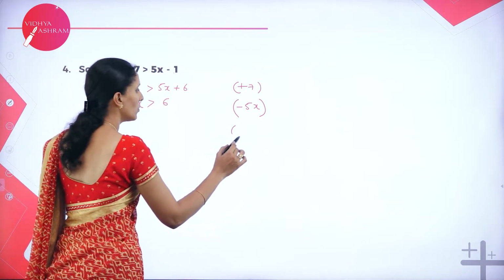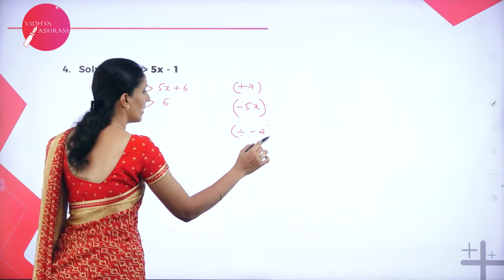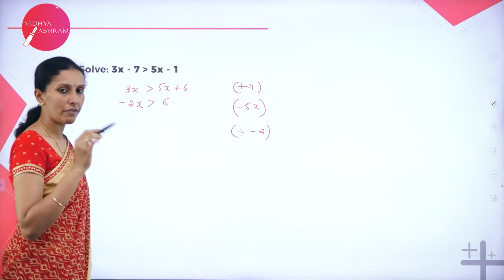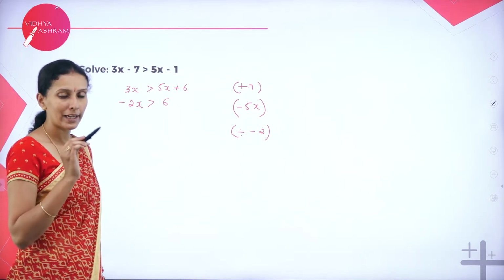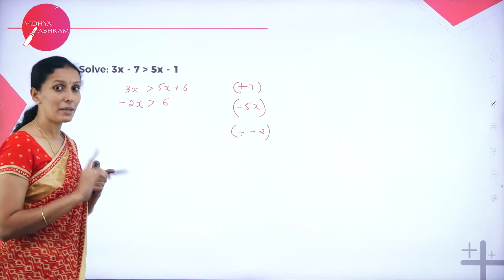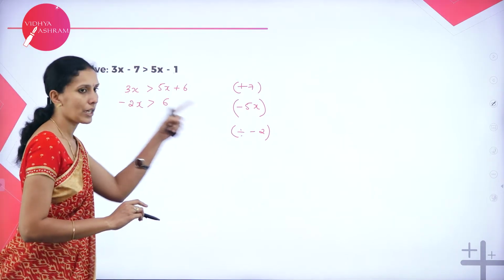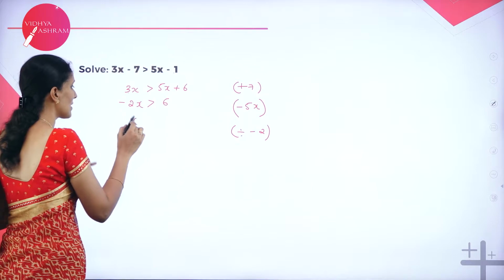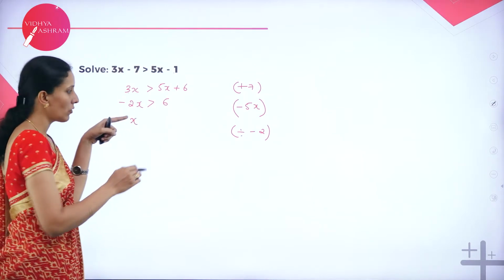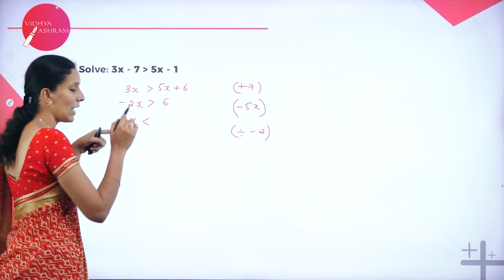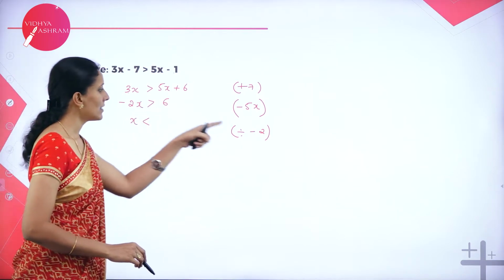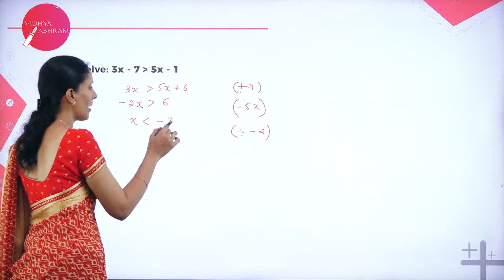Next, you are going to divide by minus 2. Remember this property: when you are dividing or multiplying by a negative number, the inequality must change. So, if you are dividing by minus 2, then here it is x. Since you are dividing by a negative number, greater than becomes less than. And 6 divided by minus 2 becomes minus 3.